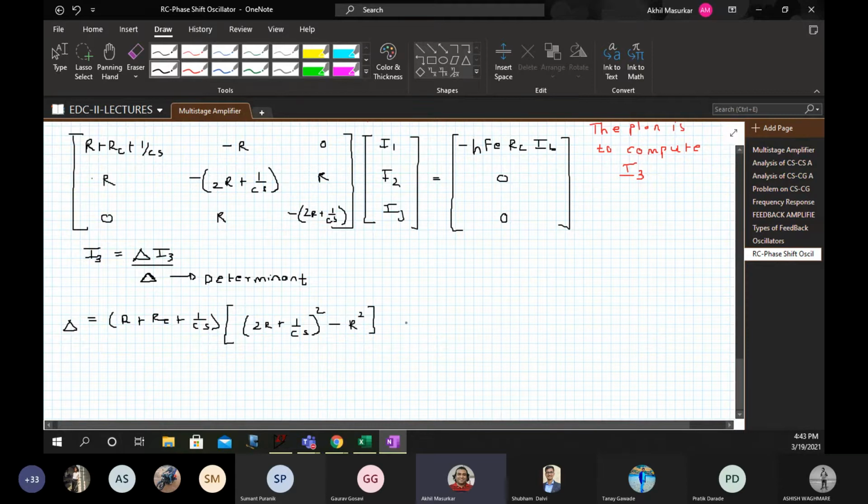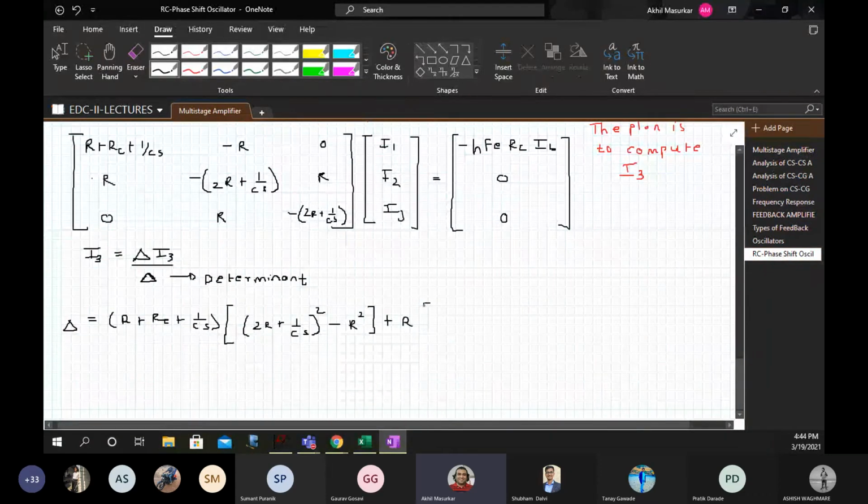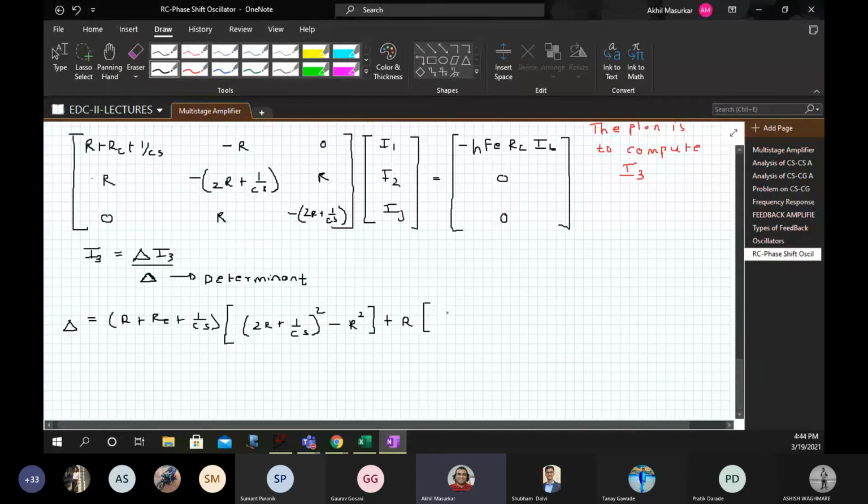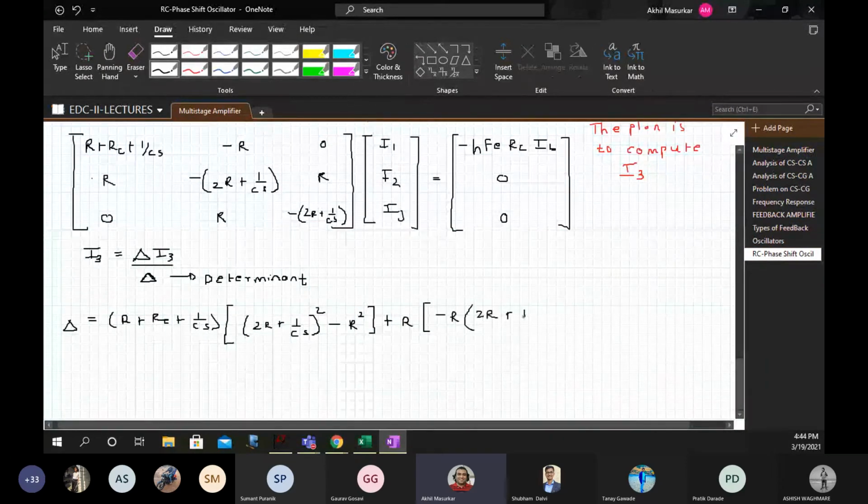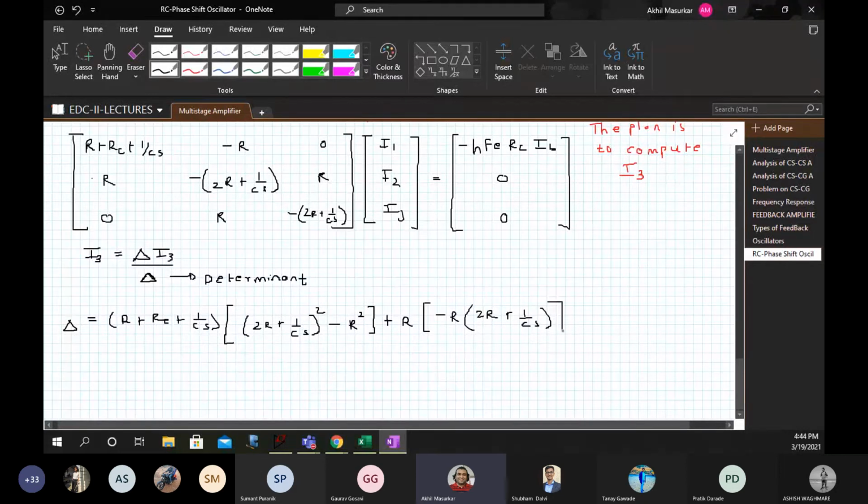Then minus of minus R is going to be plus, so I'll write plus here, R into minus R into (2R plus 1 by CS), and finally the last term is 0, so anything into 0 is going to be 0. So this is the only thing that we have.